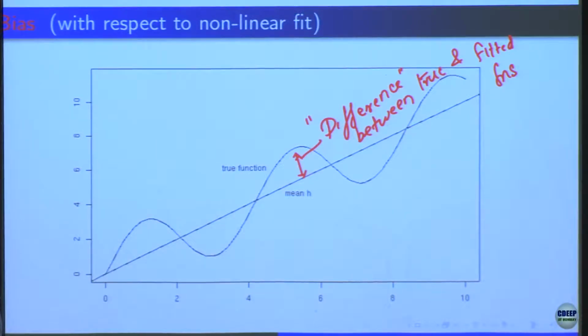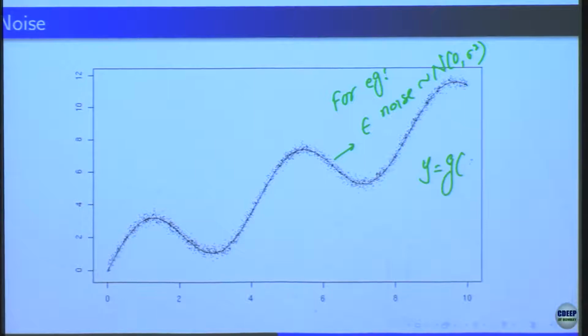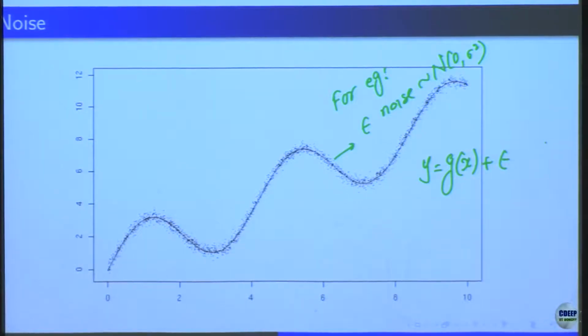But now we will show this mathematically. And before we get to the math, let's look at the last component, the noise. We already said that there is this epsilon noise. For example, we had this epsilon noise which was N(0, sigma squared), and we said y was obtained using some underlying function g(x) plus epsilon.